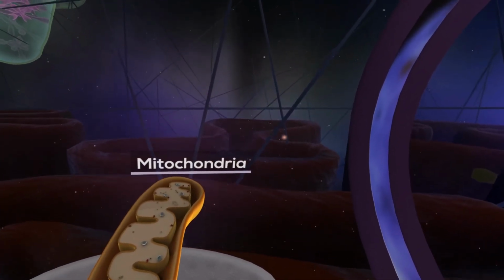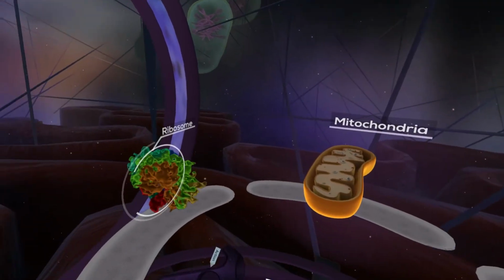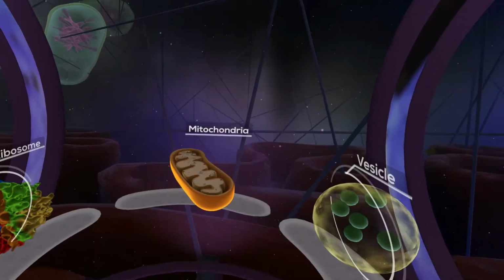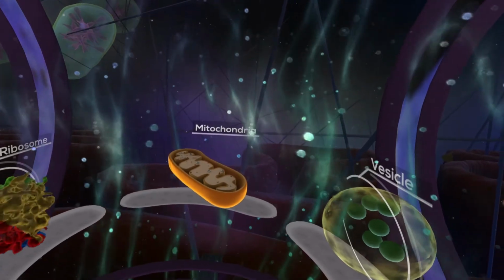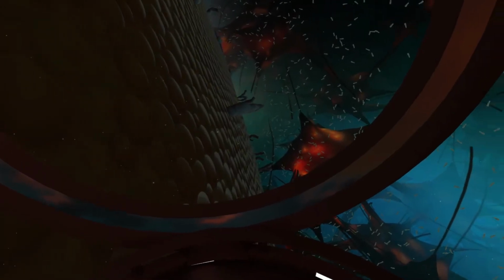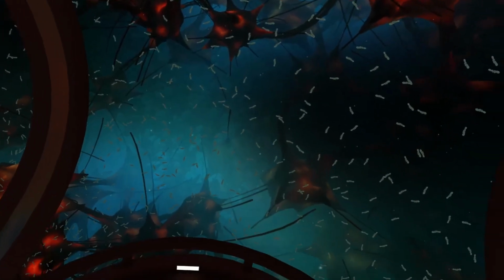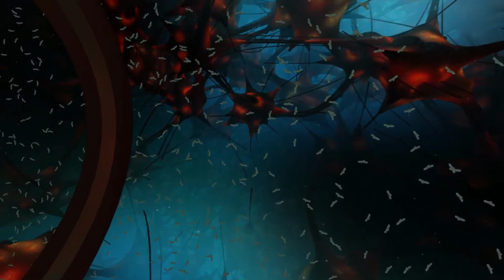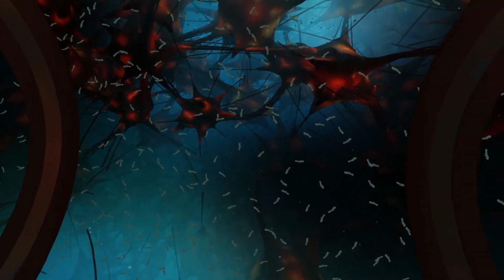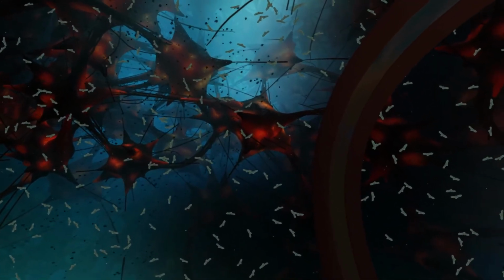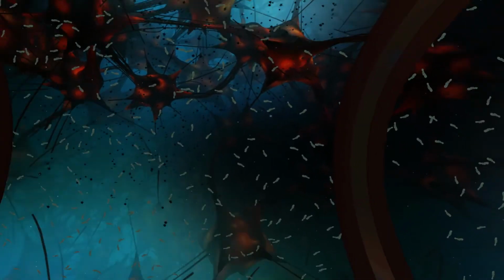Now that we have seen the major components of the cell, let's make our way outside. What is that? There's an incoming virus attack headed for the cell.